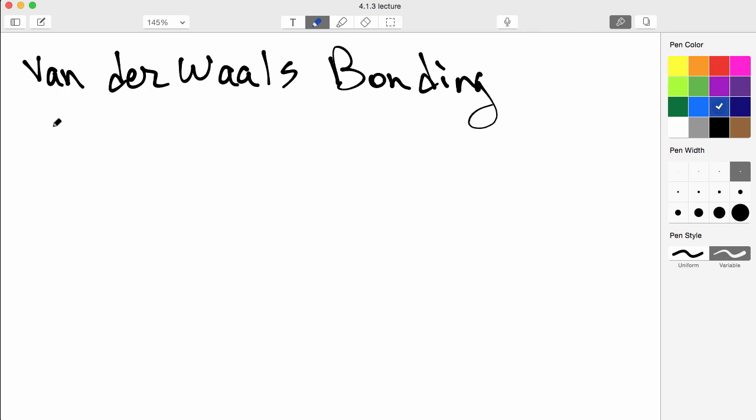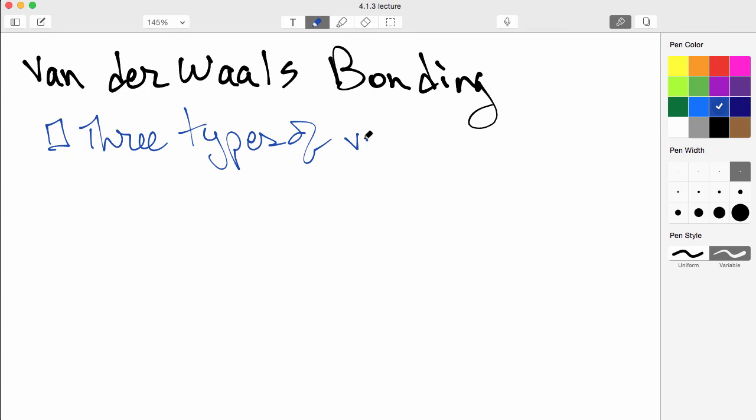And there's three types that we want to highlight. And we can also think of them as forces.